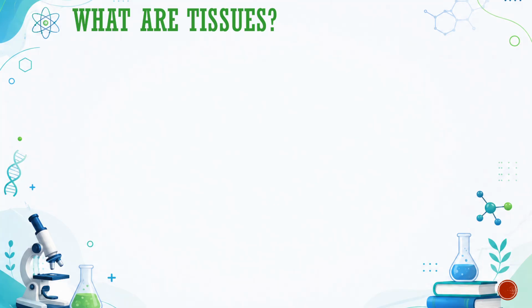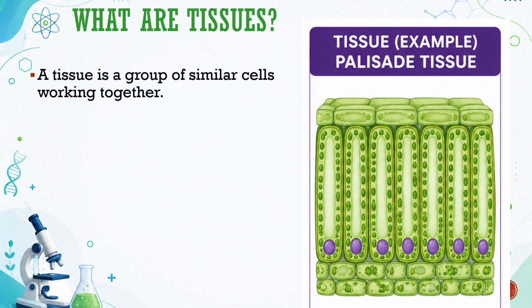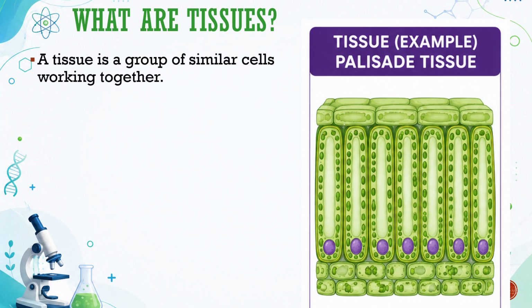Now let's take a brief look at each stage. So we are having tissues, right? Multiple similar cells, important thing, similar cells working together are going to form tissue. I have an example of a plant tissue shown over here. So you have palisade tissues.